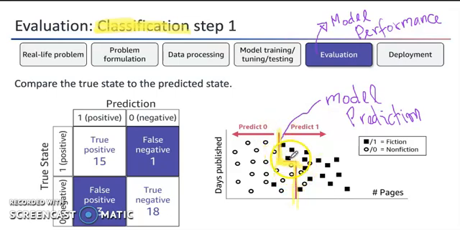Once this boundary exists, the predictions depend on how the data points fall on one side of the boundary versus the other side. Looking at this diagram, what's to the left of that boundary is going to be considered the prediction for one class.